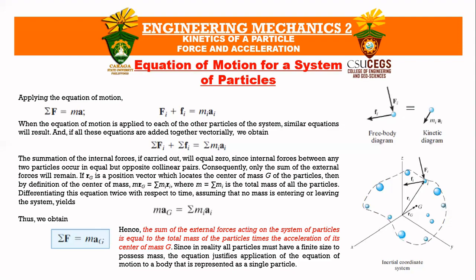Since in reality, all particles must have a finite size to possess mass, the equation justifies application of the equation of motion to a body that is represented as a single particle.